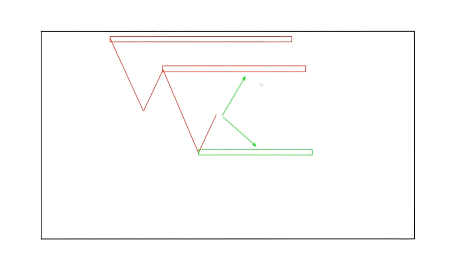Now let's look at the downtrend formation of the line type of the support and the resistance. Sorry about that. Let's look at the uptrend of support and resistance.